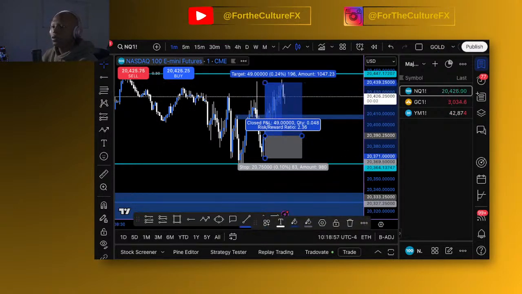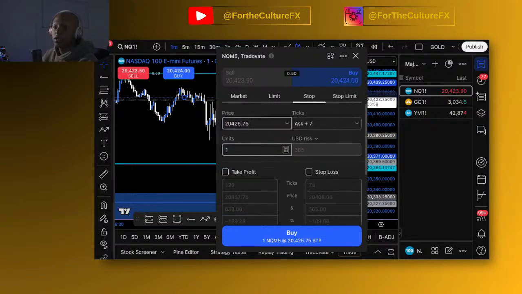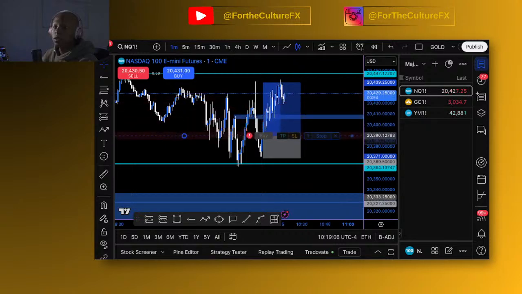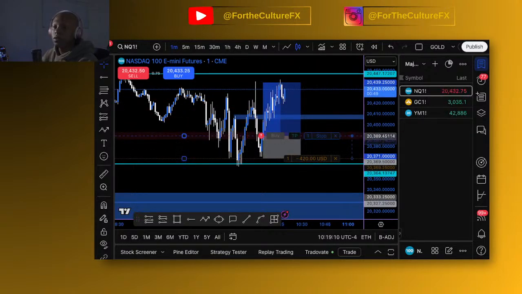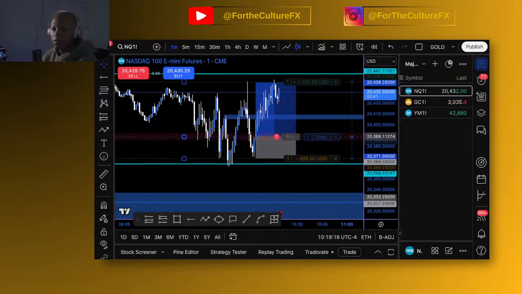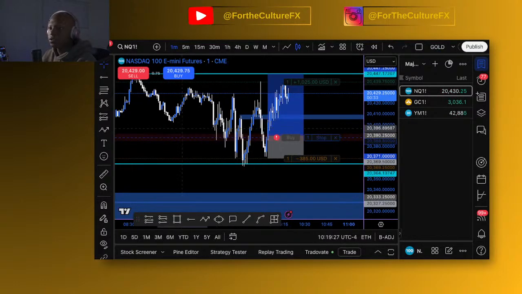So we had the take profit at this high, stop loss below this low. About $1,000 on the day missed out on, because of Tradovate, man.